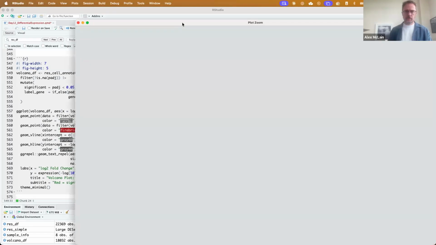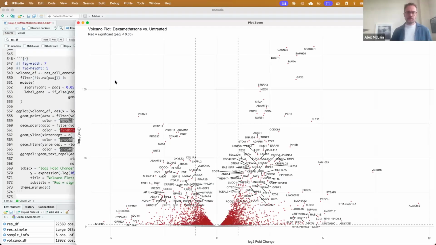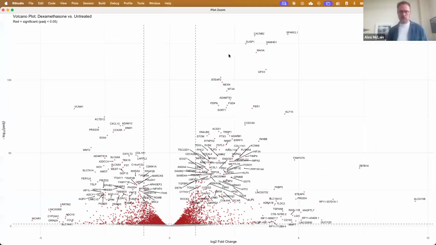Oh, there we go. Okay, so here are the results from our cell-adjusted model. A lot more genes here, certainly. There's a lot more significance. And the upper end here, the significance is a lot larger than we had before. So in this case, adjusting for cell line was certainly advantageous to our model.